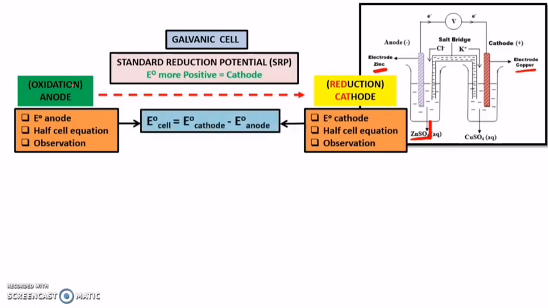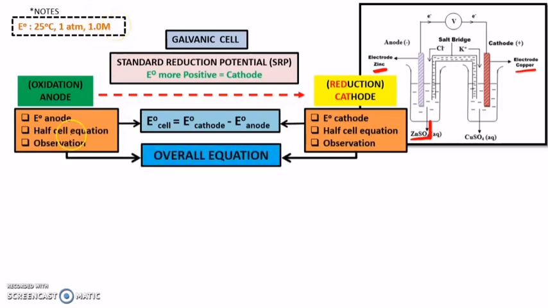From the information that you get from the SRP value or SRP table, we can use the formula E naught cell equal to E naught cathode minus E naught anode. Take note that E naught means the reaction occurs at 25 degrees Celsius, at pressure 1 atm, and the electrolyte has a concentration of 1 molar.